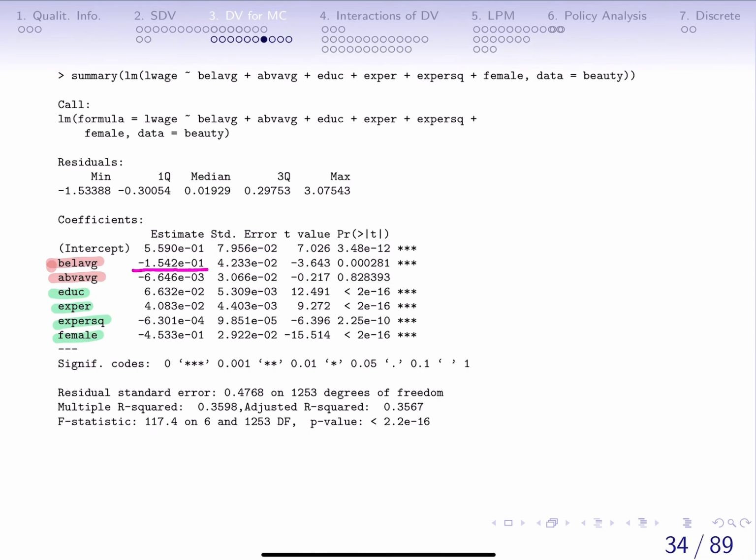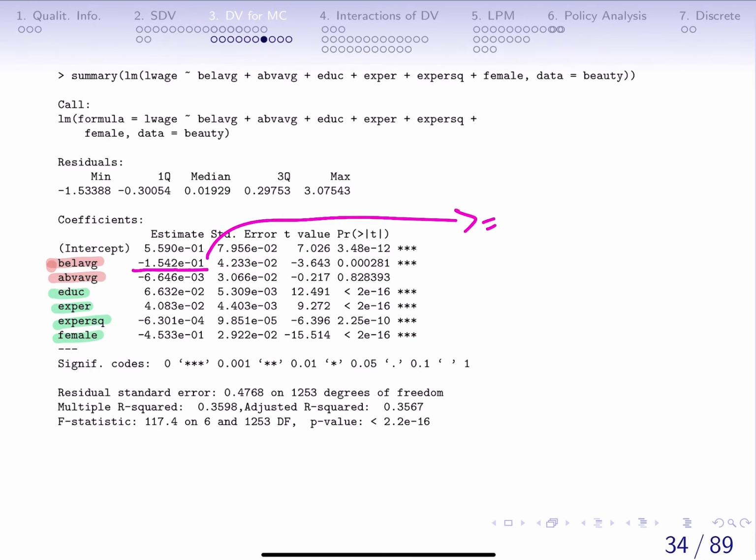So remember the way our reports it is funny sometimes, but this can be written as 0.1542. That's the coefficient here. I'm sorry, I moved 2 decimals.